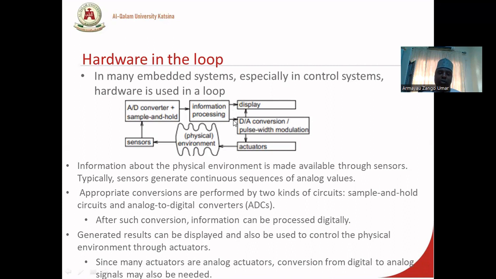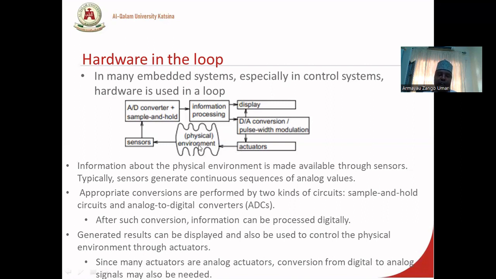But we can also have some information that may invoke certain actions. In that case, we will have actuators here, because actuators mostly act on analog signals, so we have to have conversion of the digital signal to analog for action to be taken on the environment.